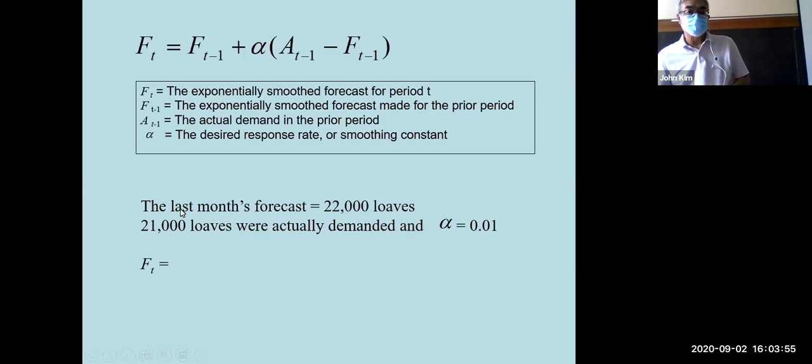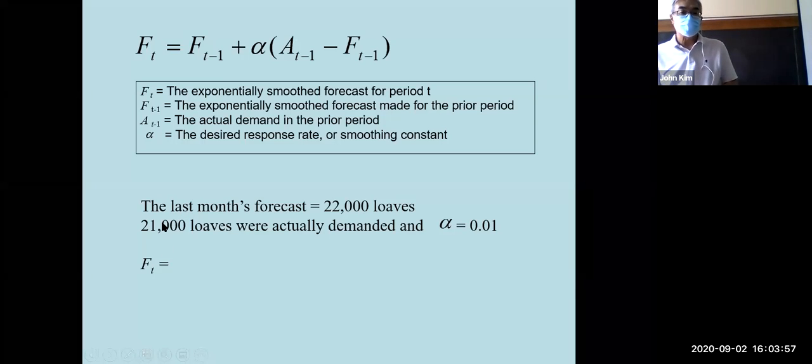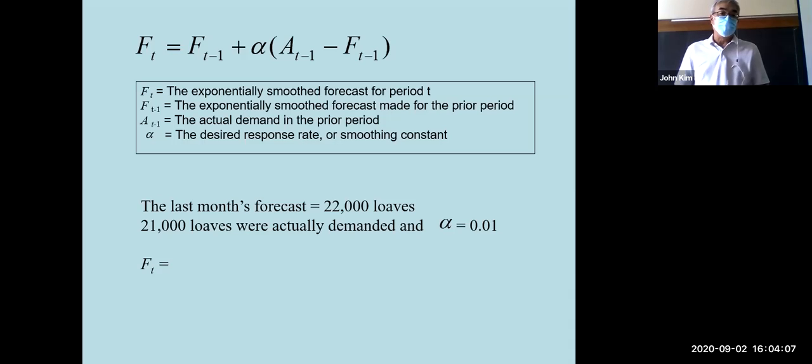For example, last month's forecast was 22,000 loaves. This is F_(t-1) in the formula.